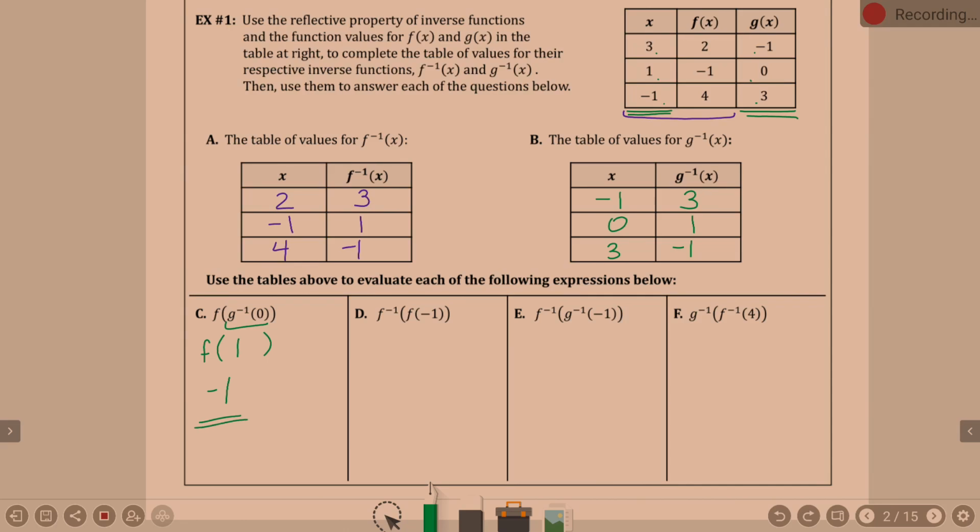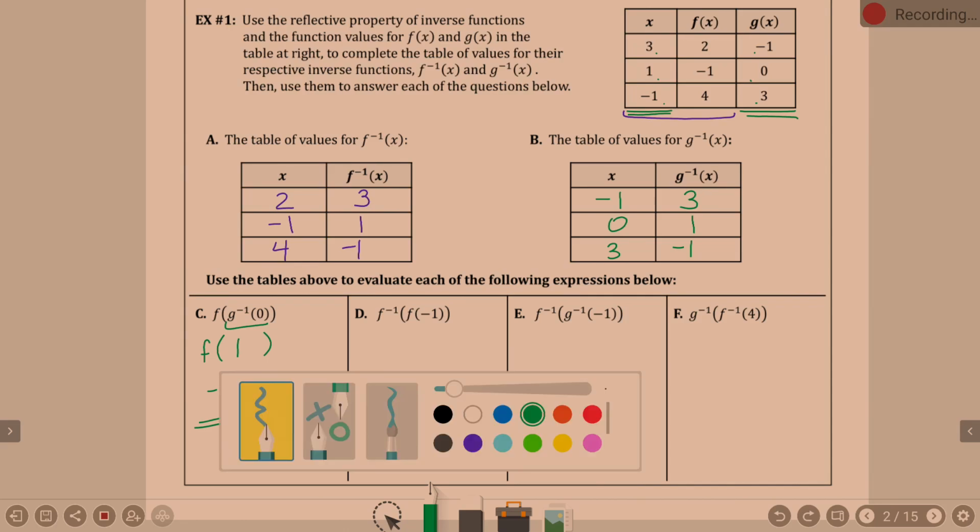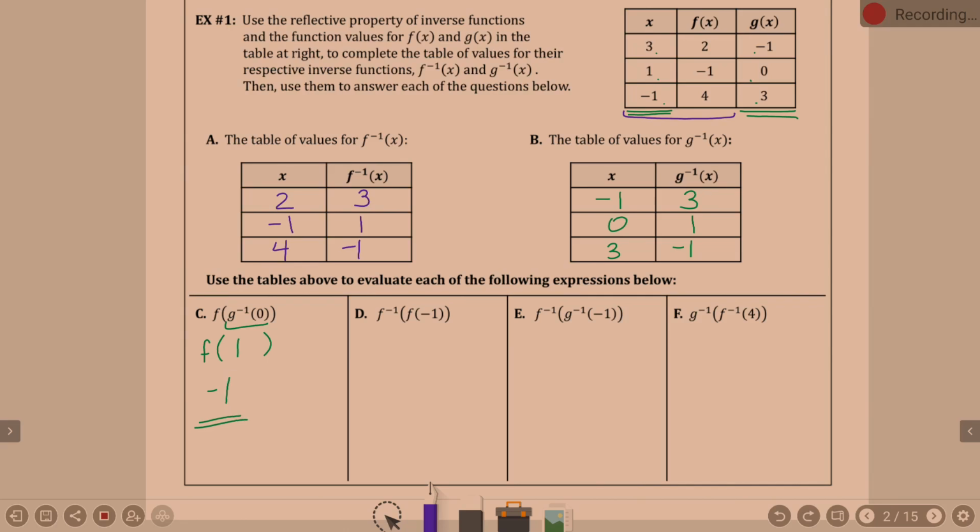Enjoy the easy peasy while we can, right? Okay, f inverse of f of negative 1. f of negative 1 is 4. f inverse of 4 is negative 1.